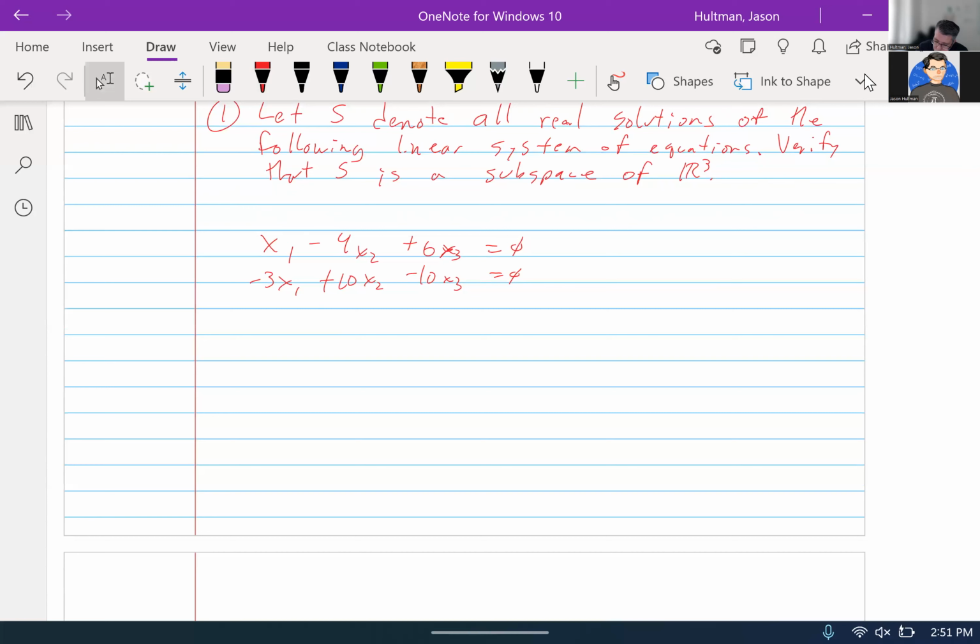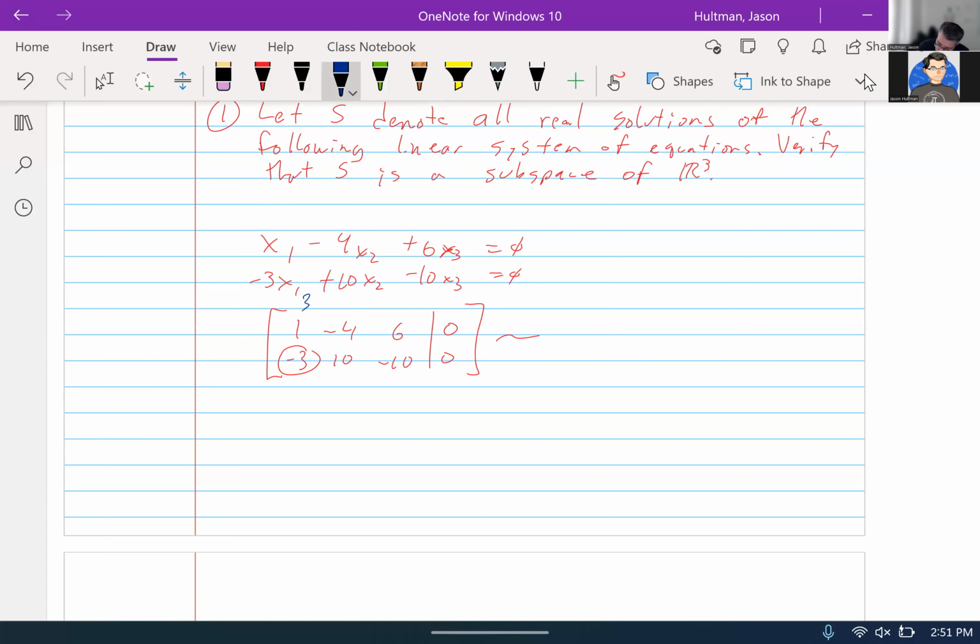Let's create an augmented matrix out of these two equations. I would get 1, negative 4, 6, 0, and negative 3, 10, negative 10, and 0. What I'd like to do is get this in RREF, reduced row echelon form. The first thing I know is that I have a negative 3 I'd like to get rid of, so I'm going to multiply the top by 3.